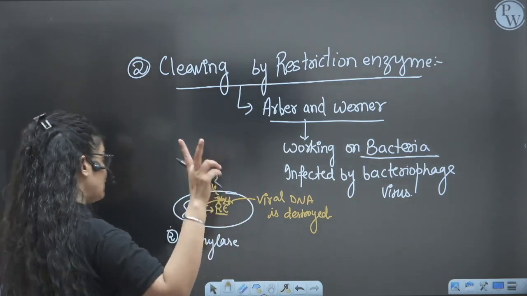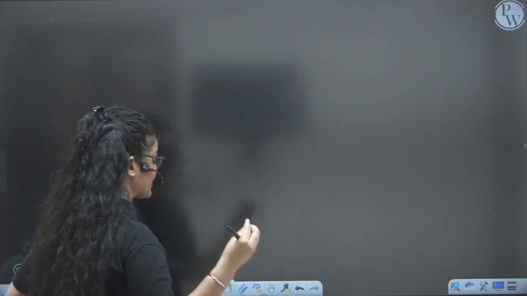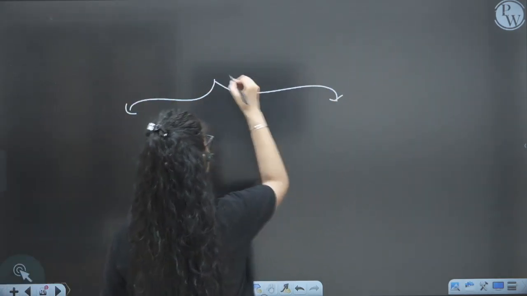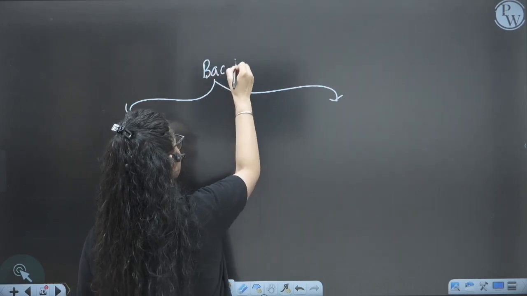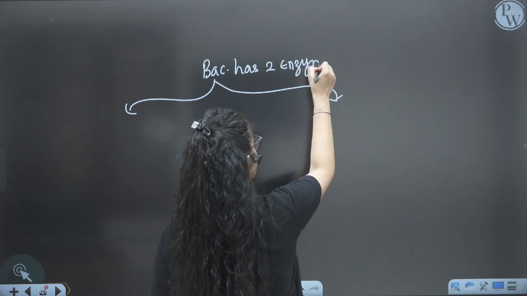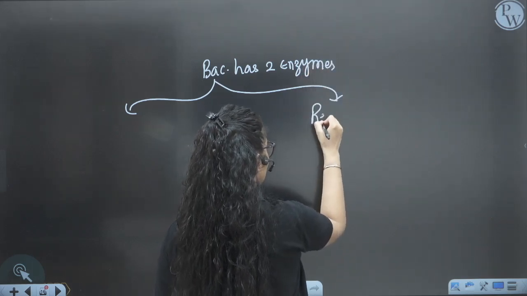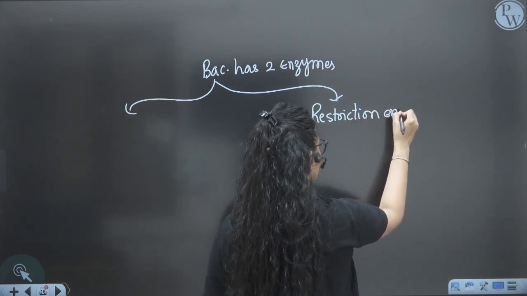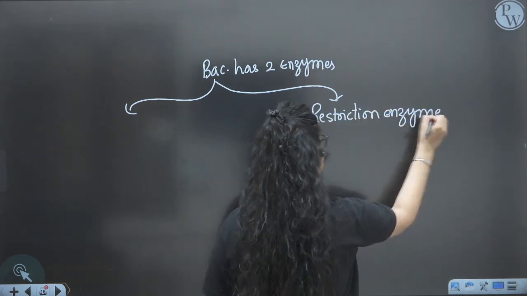So they have two beautiful enzymes. In this experiment, accidentally they found that this bacteria has two enzymes for their defense, right? The first one is the restriction enzyme and the other one is the methylase enzyme.